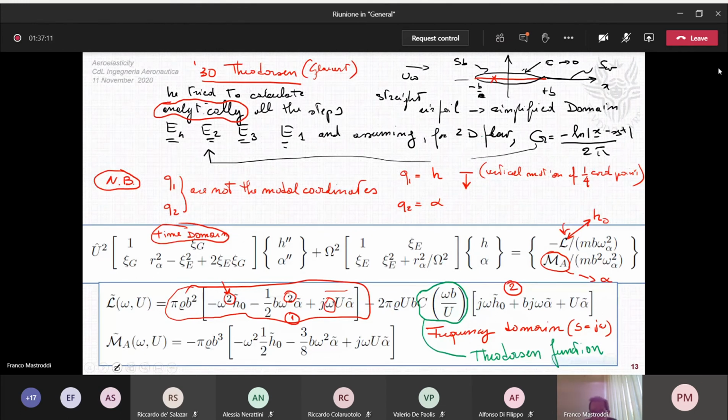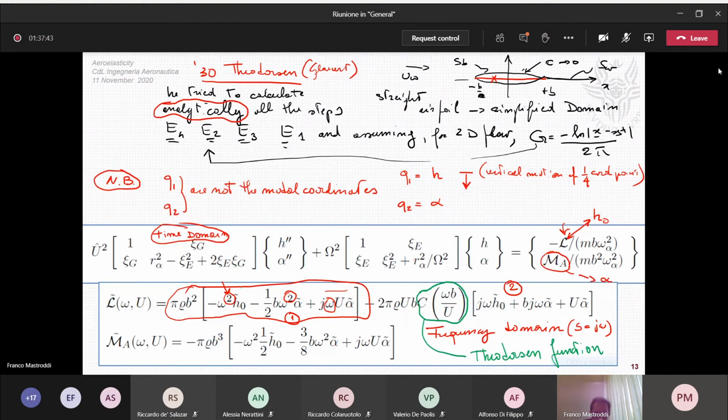And so you will have C also in the moment, of course. Okay, and as you can see in this formula, the aerodynamic moment with respect to the 1/4 chord point is an aerodynamic moment having only terms with powers of omega.